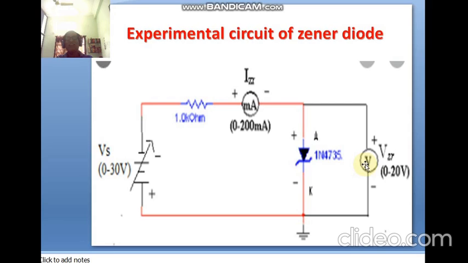For a particular voltage of Vz, the current varies in the milliammeter. Vz values and Iz values are noted down, and we plot the graph between Vz and Iz. That curve is known as the VI characteristic curve in the Zener diode experiment.